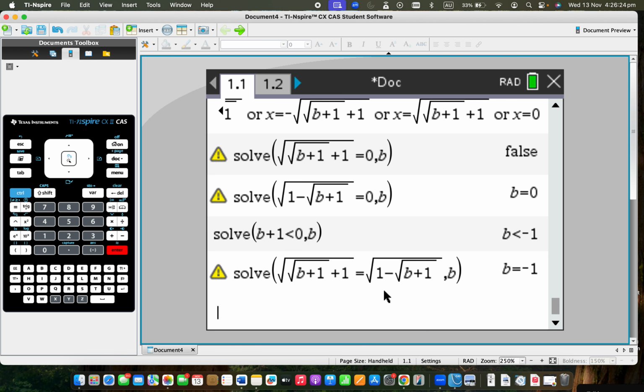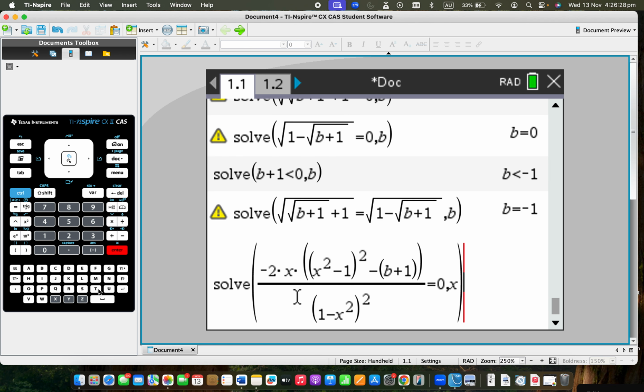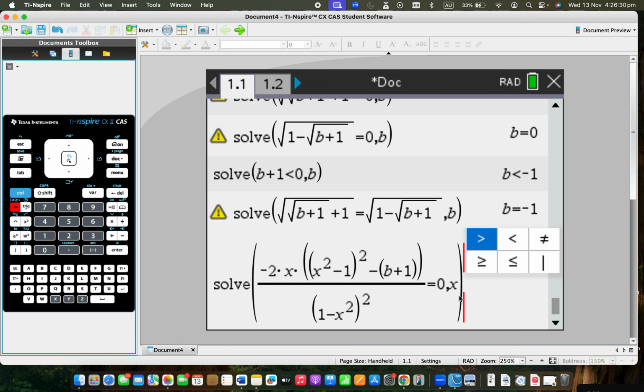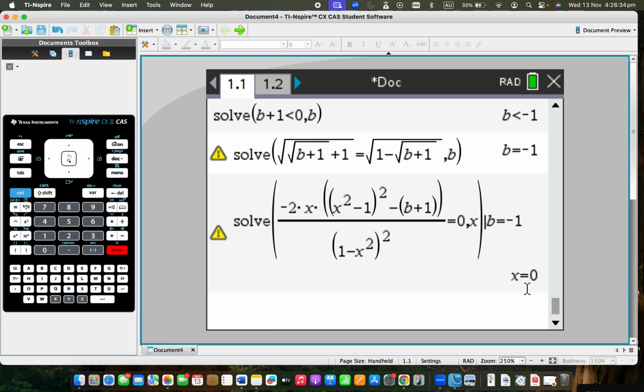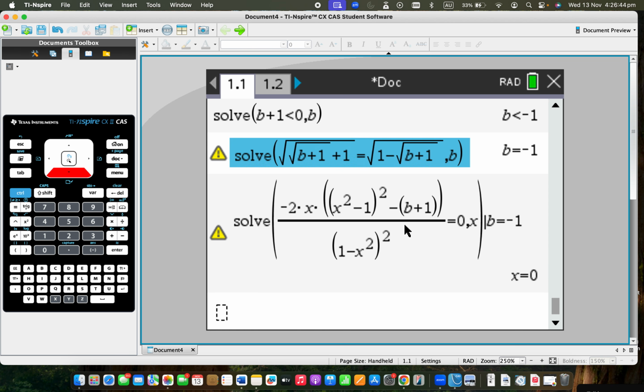So if b is negative 1, then what are our solutions? Just one. Okay, so I think it's just b is equal to 0 for that one.